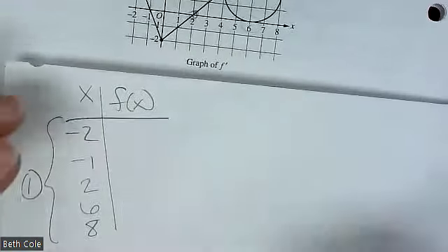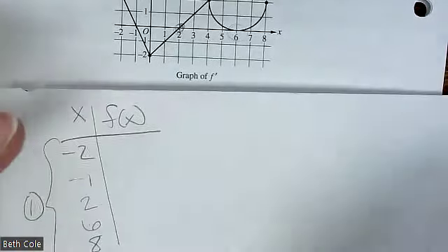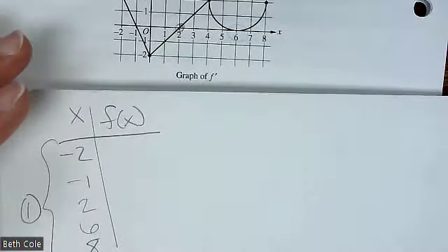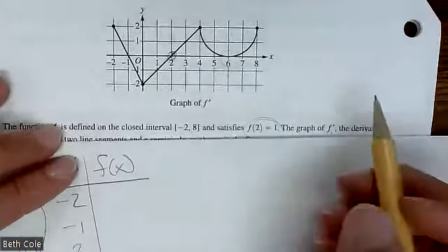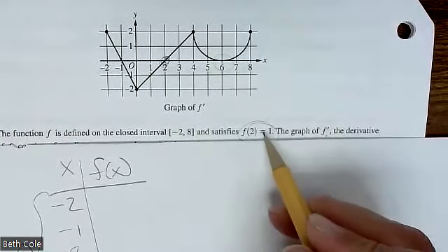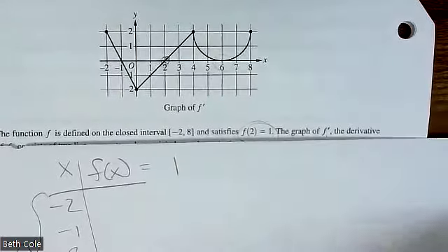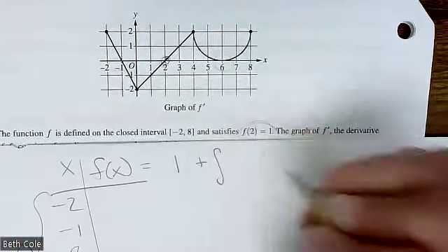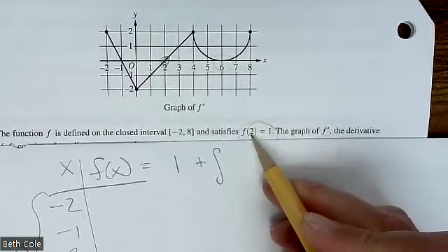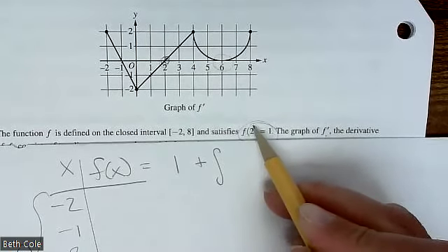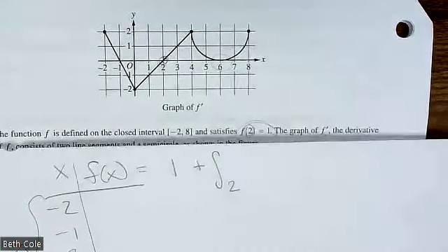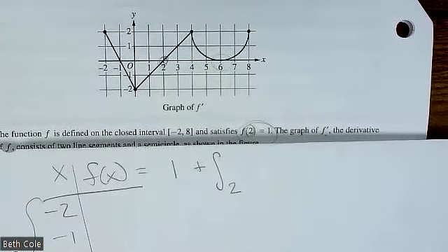All right, and that part went okay. This part did not, but that's okay because I'm going to clarify it and then you'll be fine for the exam. You have to take your initial condition. Do you see this right here? 1, I'm going to put this for f of x. It's 1 plus, and then you have to accumulate, not starting at 0, but starting at 2. Sometimes it's 0, but a lot of times it's not.